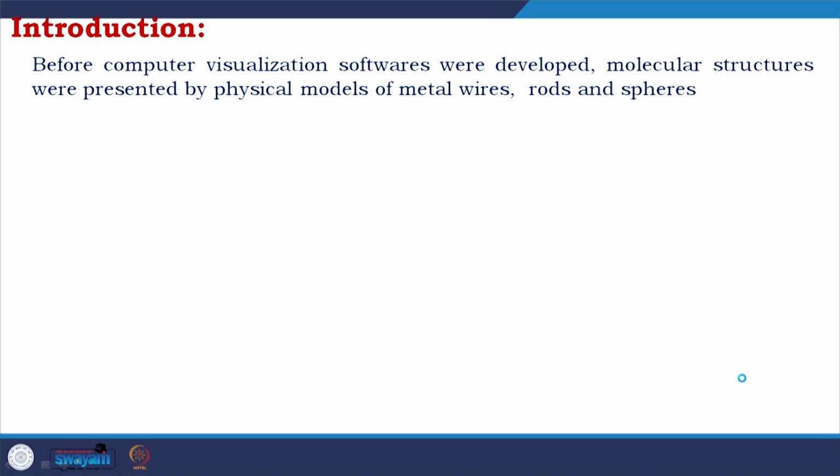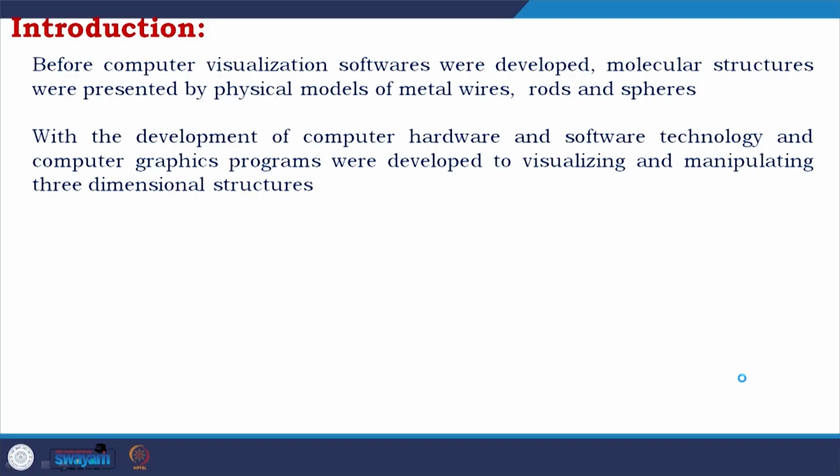Before computational visualization, before software was developed, molecular structures were presented by physical models of metal wires, rods and spheres. So people saw the signals and from there wanted to develop a real life model. With the development of computer hardware, software technology and computer graphics, programs were developed for visualizing and manipulating three-dimensional structures.